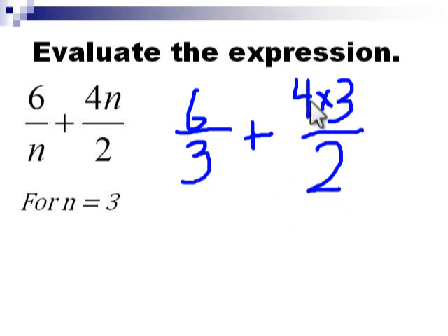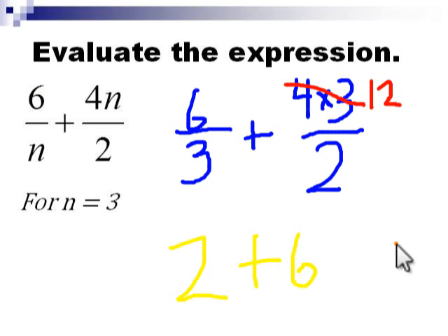So using order of operations, we're going to do 4 times 3, and 4 times 3 is 12. So I'm just going to replace that with 12. And then I'm going to do the division. So 6 divided by 3 is 2. And 12 divided by 2 is 6. And finally, 2 plus 6 equals our final answer of 8.